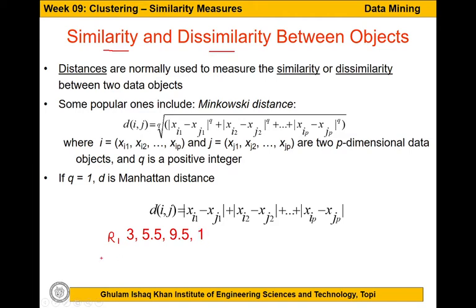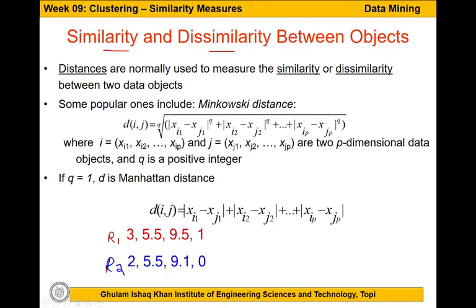And we have another record 2, where the first attribute has value 2, the second has 5.5, the third has 9.1, and the fourth one is 0.